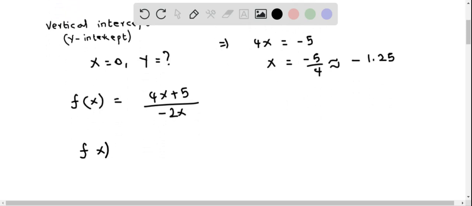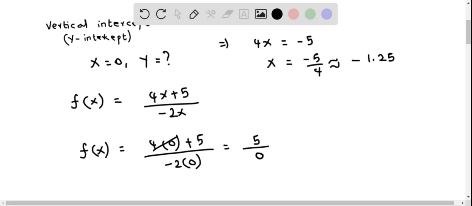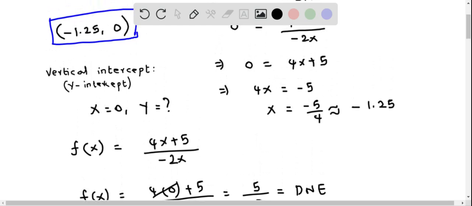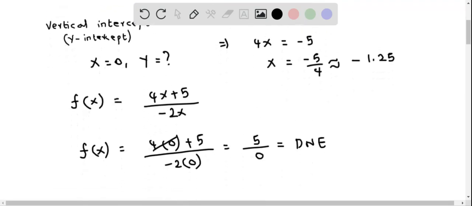I write f of x, and this equals 4 times 0 plus 5 divided by negative 2 times 0. So 0 plus 5 is 5 in the numerator, and negative 2 times 0 is 0 in the denominator. So we see that 5 divided by 0 is undefined. This does not exist, we can put this as DNE. And so therefore we say that the vertical intercept does not exist for this function.